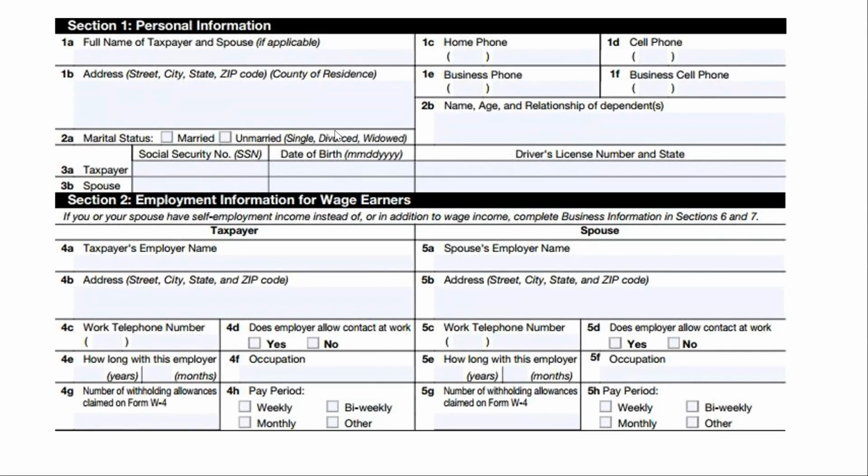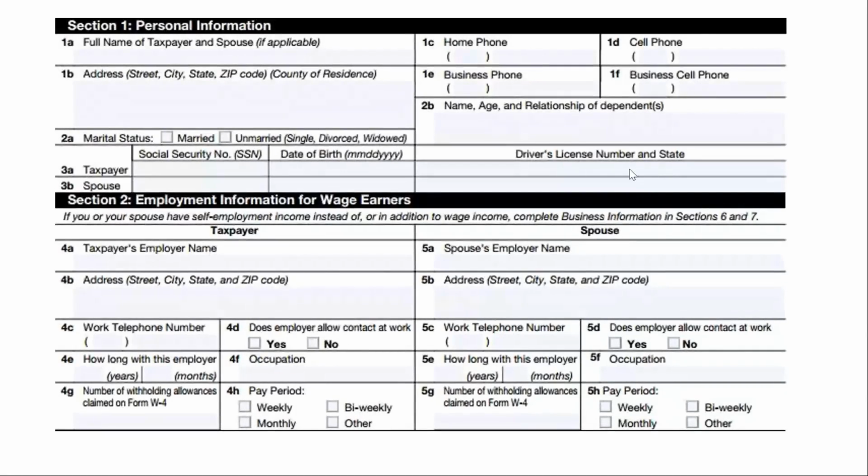I will say that even though we now live in the era of no personal exemptions, and so you may think, oh, the dependents don't matter, well, you still want to list out the dependents because that's what the IRS is going to use in order to determine the household size and thus the allowances on housing and utilities and food and clothing that they're going to give you on a per person basis.